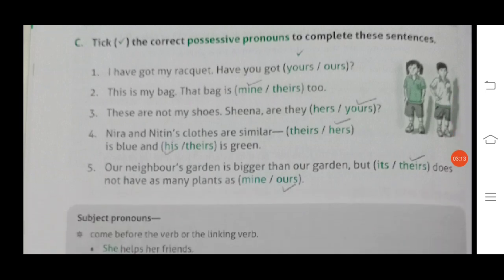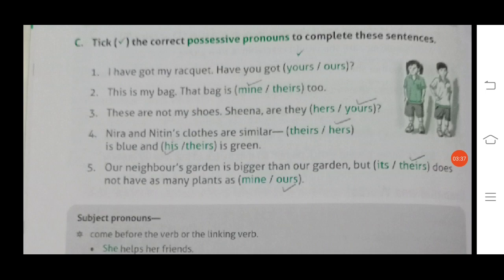Exercise C, tick the correct possessive pronouns to complete these sentences. Number 1, I have got my racket. Have you got yours? Number 2, this is my bag. That bag is mine too. Okay, so the possessive pronoun for my is mine. Number 3, these are not my shoes.